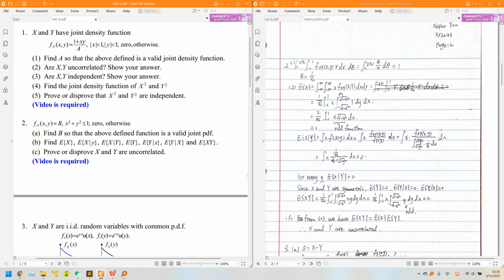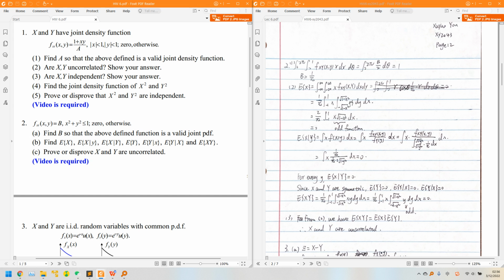We can reformat this equation and turn it into this.